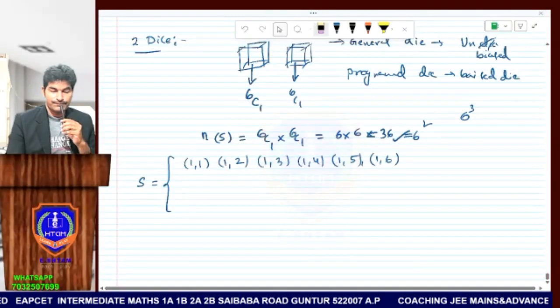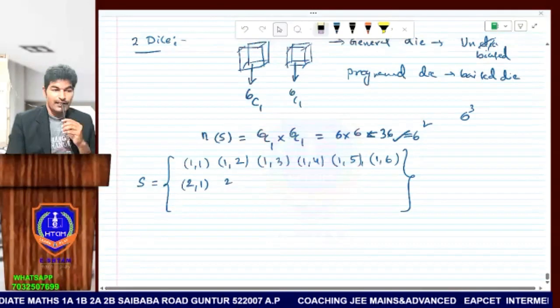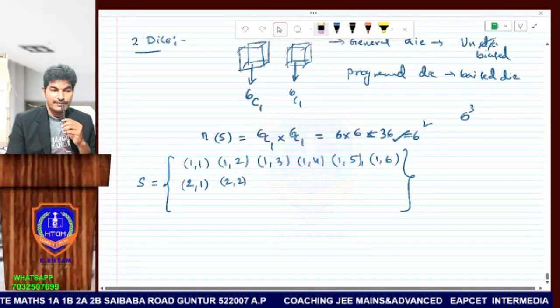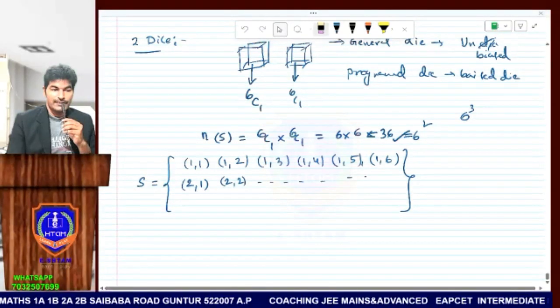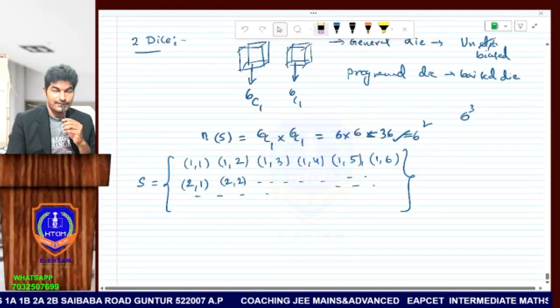Understood? Don't write 1 7, because the die will not show 7. It has only 6 faces, so 6 is the last value. Now, in the same way, you can write the remaining events. In this way, how many events exist? 36.